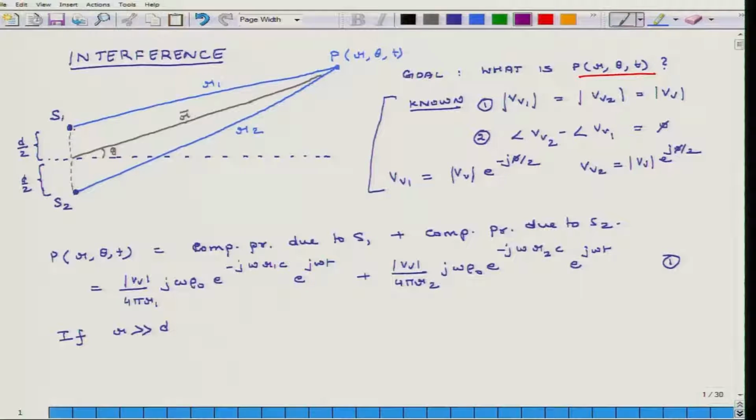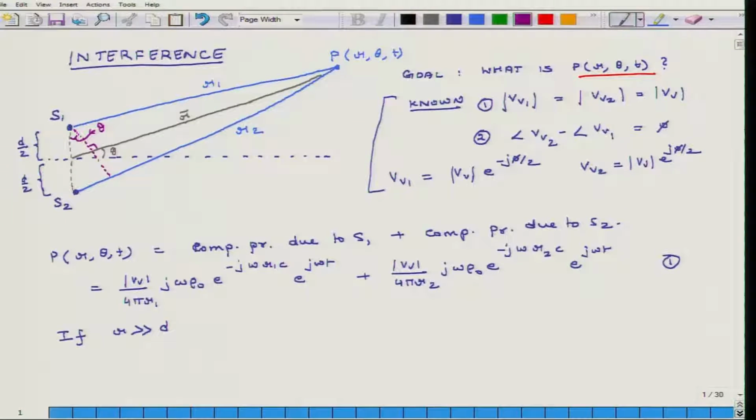So, if I drop a normal, this angle will be 90 degrees, this will be theta. Okay. So, if I am very far away, the point P is extremely far away, then vector R and R1 will be almost parallel to each other.